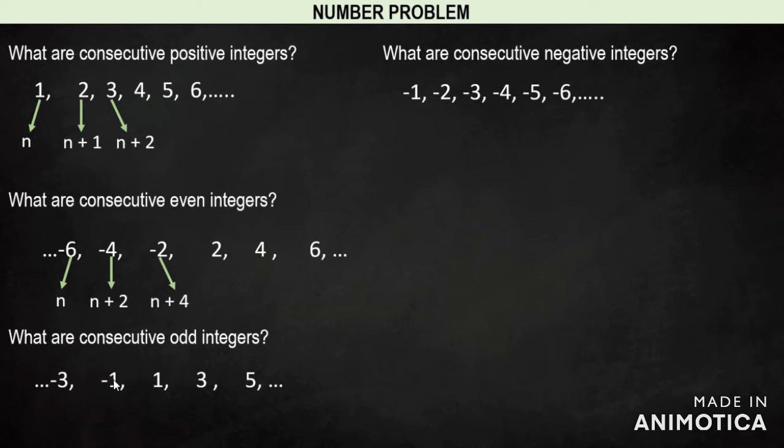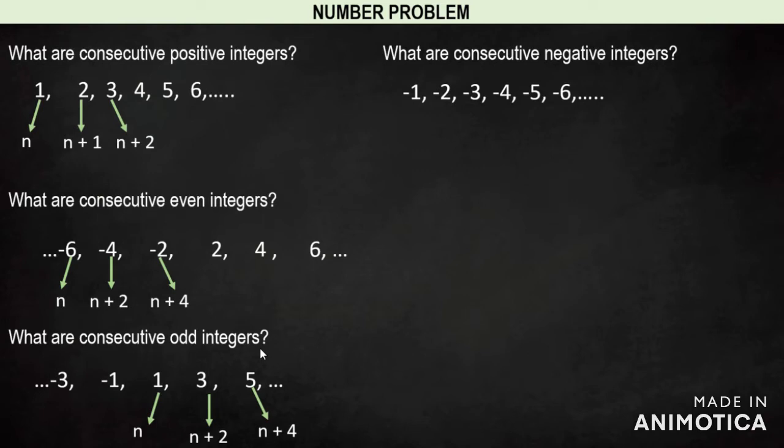So if we let our first consecutive odd number be n, then to determine 3, we simply add 2. And to determine 5, we simply add 2 again to 3. So referring it to n, we have n plus 2 plus 2, so we have n plus 4. So we have the same representation for consecutive even integers and consecutive odd integers.